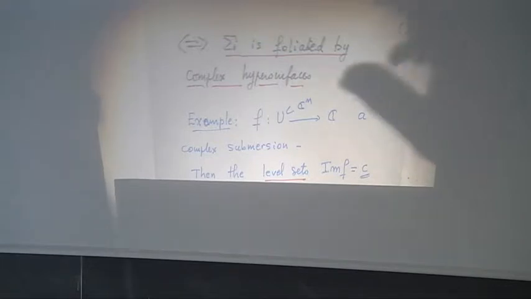And I give an example. You take, for example, a non-constant holomorphic function which is a submersion at any point, and you consider one level set, and this level set is foliated by the level sets f equal to t plus ic, where c is the initial imaginary part.